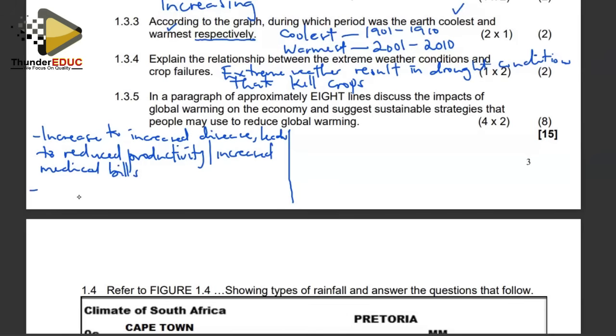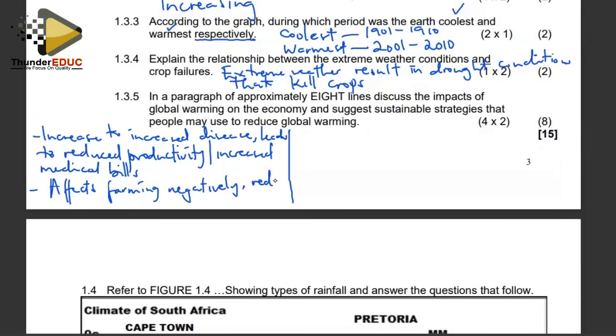And also, we can look at it from the perspective of agriculture. It affects farming negatively. Farming is going to be affected. How is this an economic impact that agriculture is affected?